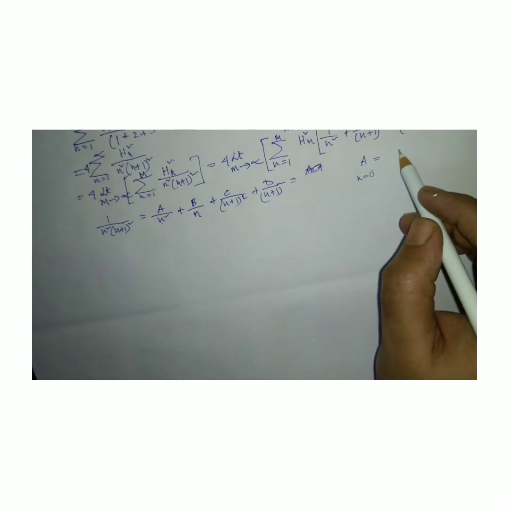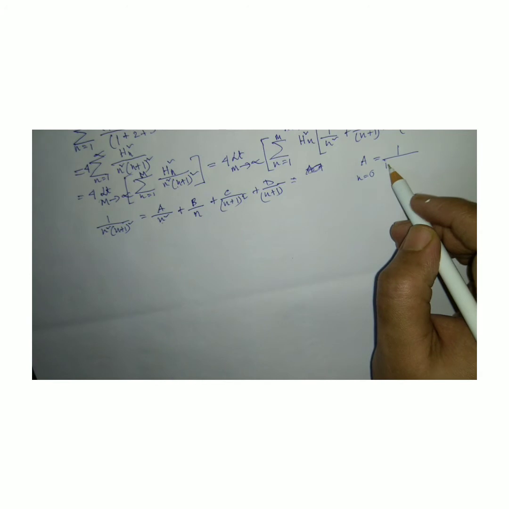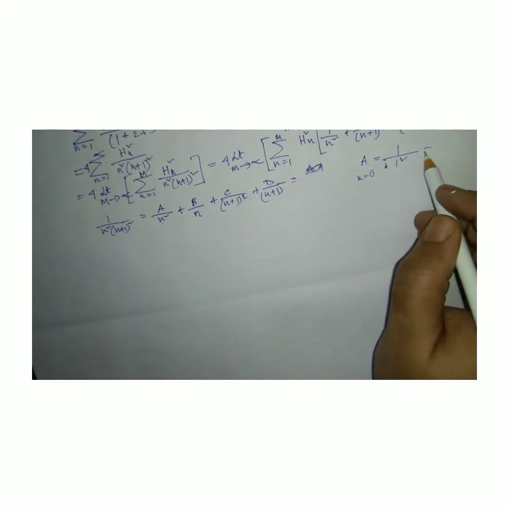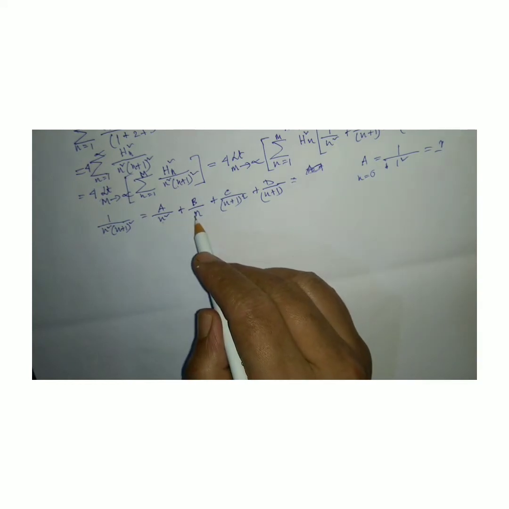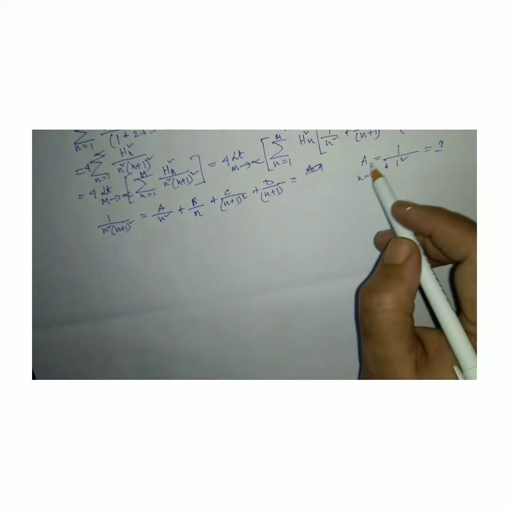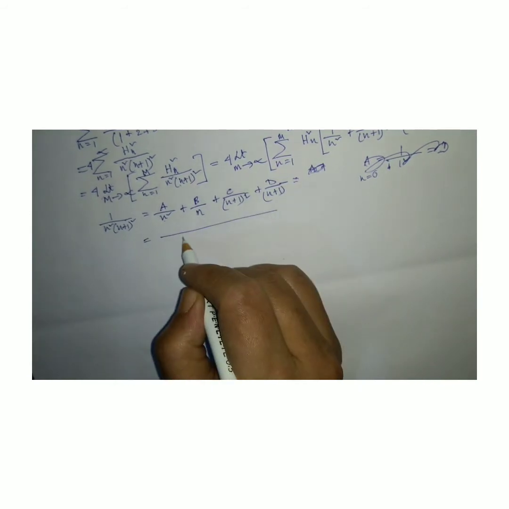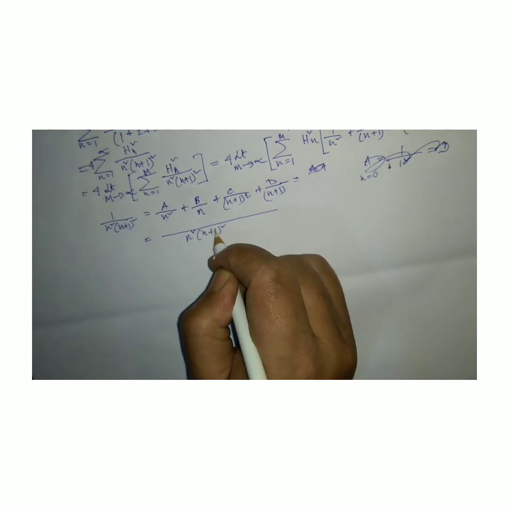Okay, so I can put in here n plus 1 whole square, 1 square means 1, the A value. And if n equals 0, similarly B by n. Okay, no problem. This is another way of looking at the concept, that n square into n plus 1 whole square.